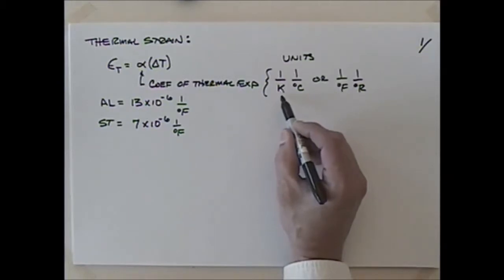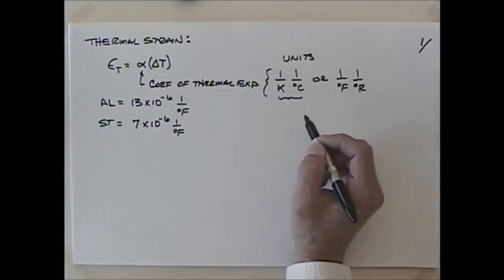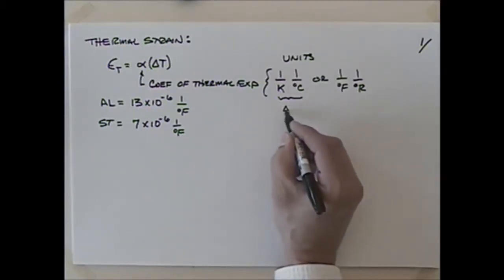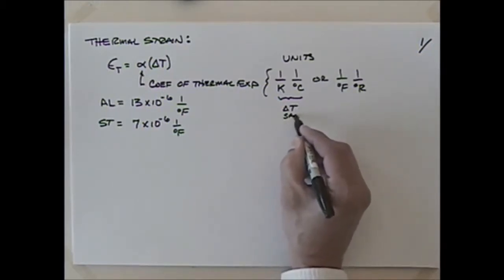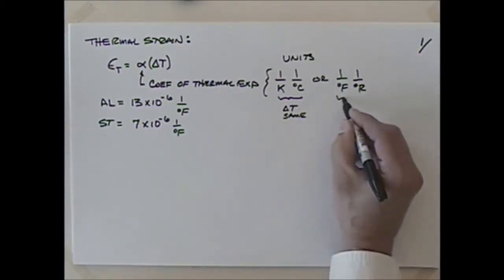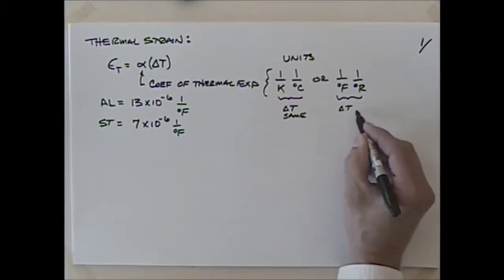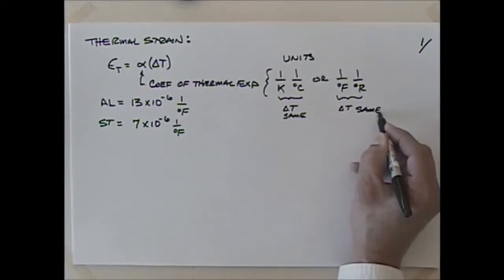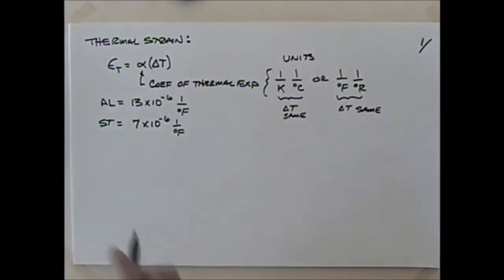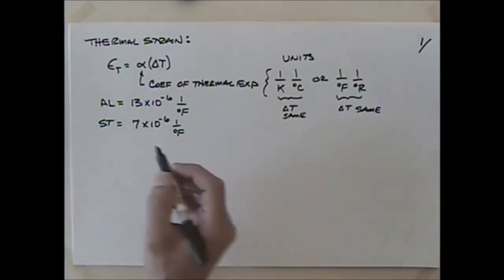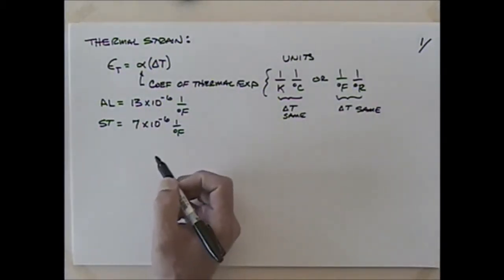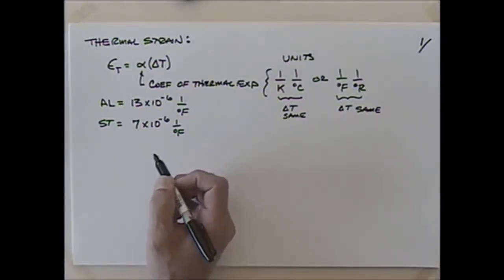You'll use the same data point for this, because whether you're using Kelvin or centigrade, your delta T is the same, right? And whether you're using Fahrenheit or Rankine, your delta T will be the same. I didn't necessarily bring in the coefficients for the metric system. They'd be different numbers, because a 1 degree difference in centigrade is quite a bit different than 1 degree difference in Fahrenheit. So you'd have to look those up. But these are some typical numbers for degrees Fahrenheit.